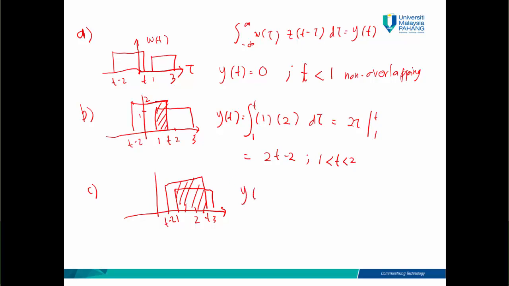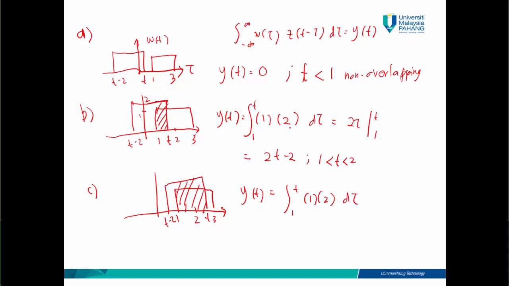So we find y(t), the convolution between w and z, equals the integration from 1 to t of w equals 1 and z(t minus tau) equals 2, d tau.